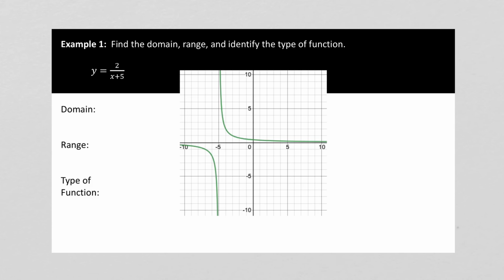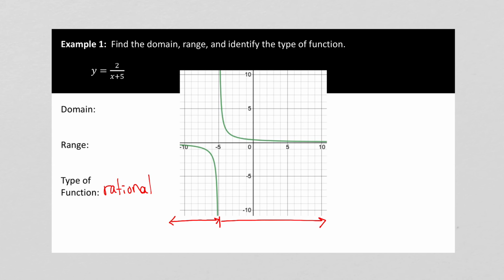Then this one, we've got a rational, because it's a fraction. This is a rational function. 2 over x plus 5. What's the domain? Well, let's see. Coming from the left, it looks like it stops at about negative 5 and picks up and goes on some more to the right.